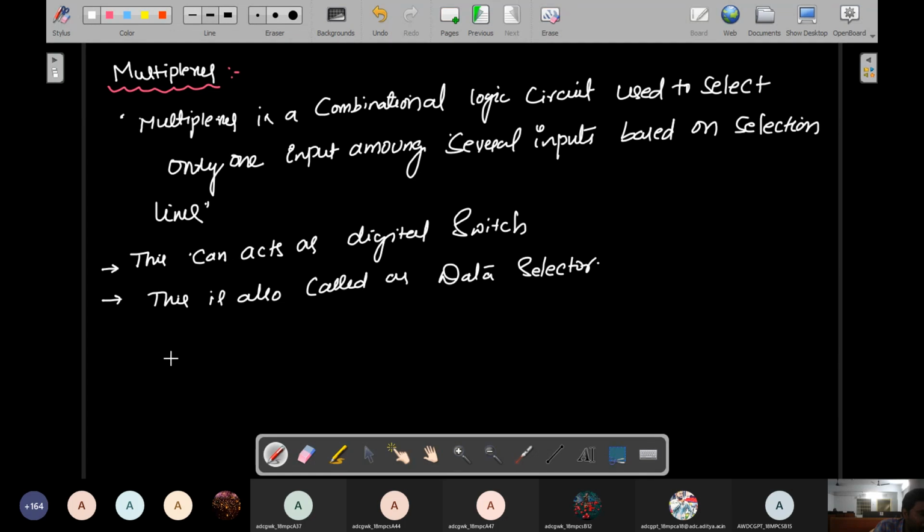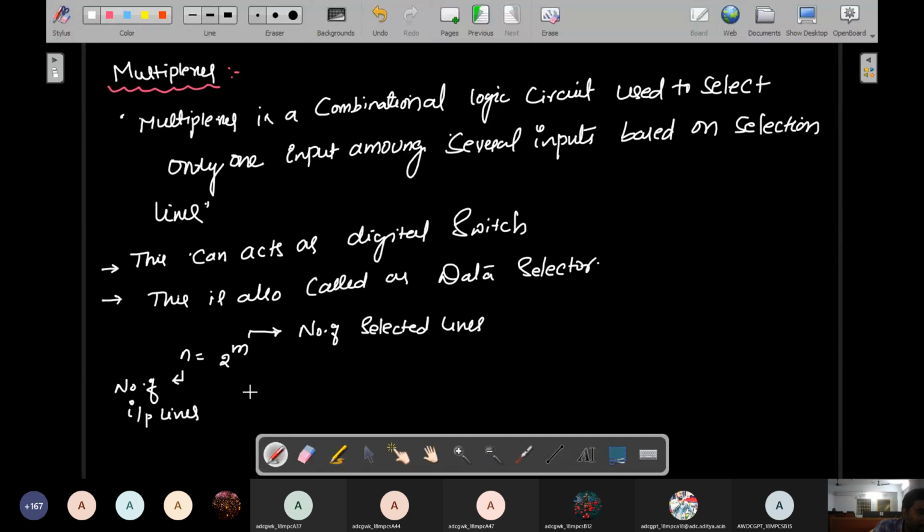Here we have one equation: n is equal to 2 power m, where m is the number of selection lines and n is the number of input lines.